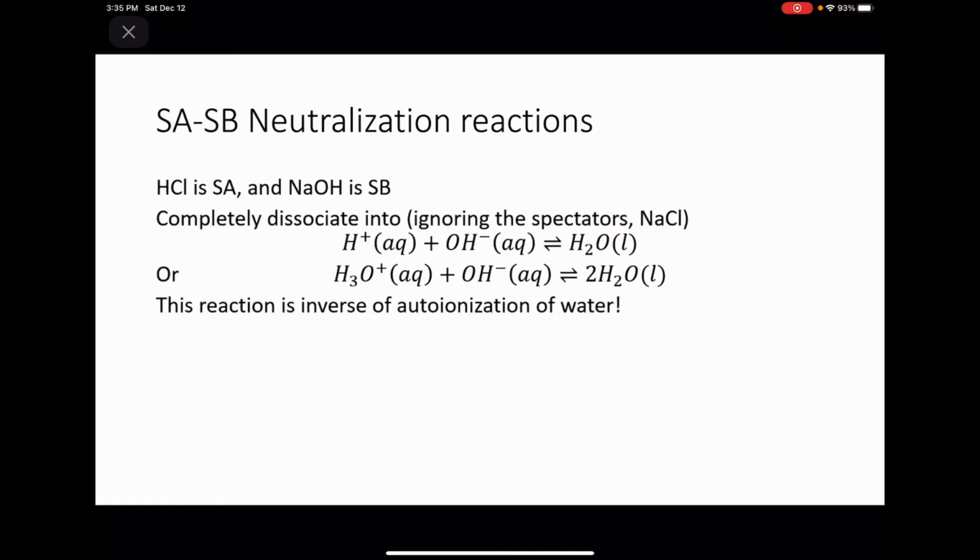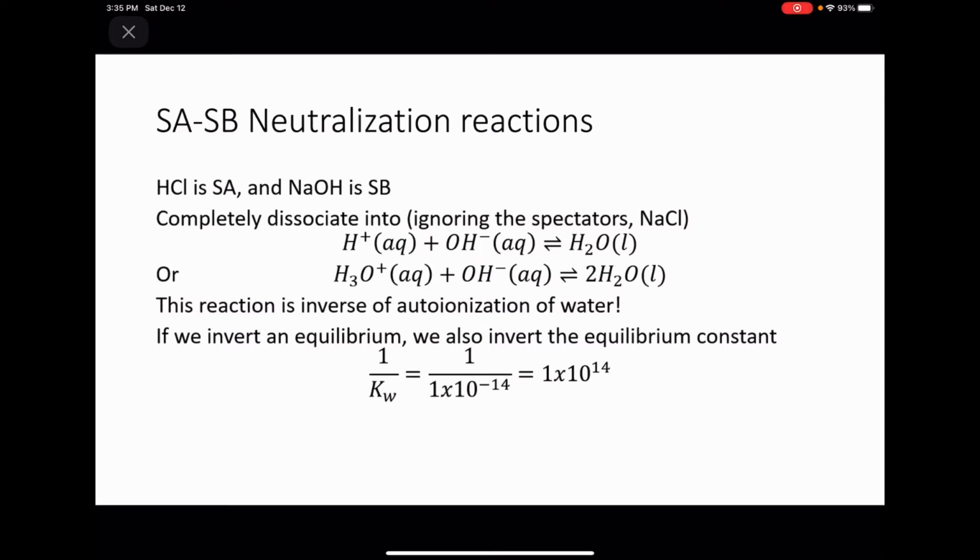And that looks like the reverse, reactants and products swapped, of the autoionization of water. If we invert an equilibrium, we also invert the equilibrium constant. The autoionization of water, H2O to H3O+ and OH-, is Kw.